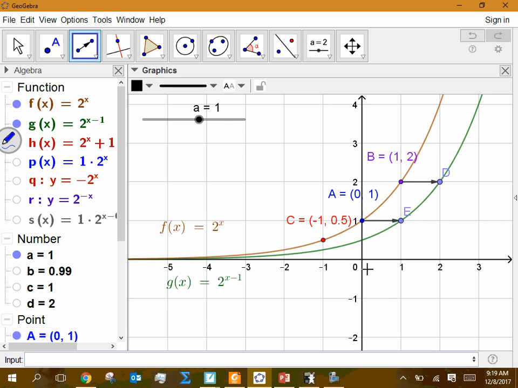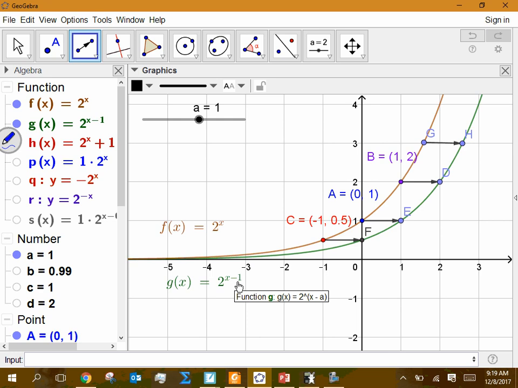That point got moved 1 unit to the right. That point got moved 1 unit to the right. And then every other point, maybe one right there, gets moved 1 to the right, correct? Does that make sense to everybody? And is that consistent with what we've talked about with other functions?